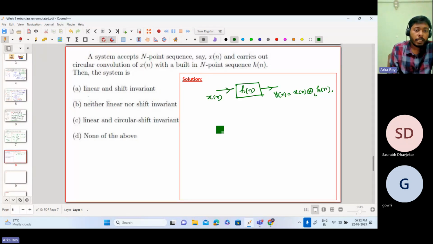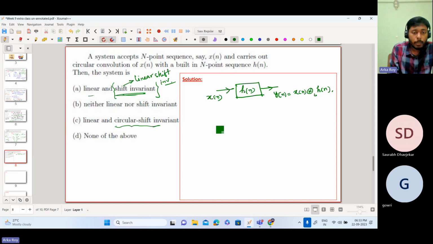So linearity and shift invariance we need to check. Now in the question, mind it, probably on the 24th you have the exam. If it is written just shift invariance, it means linear shift invariance. If they have explicitly mentioned circular shift, they will mention it over here itself.